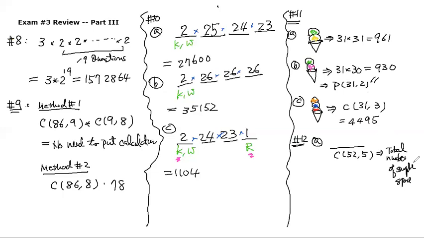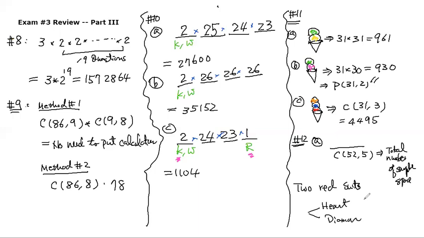So what is the probability all 5 cards are red? We know we have 2 red suits, a heart and a diamond.